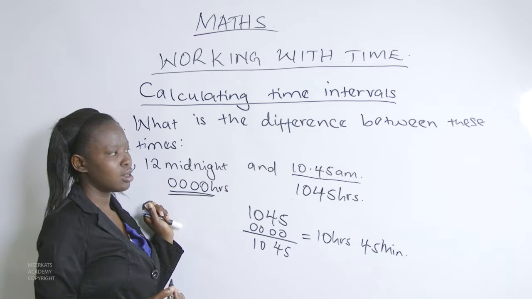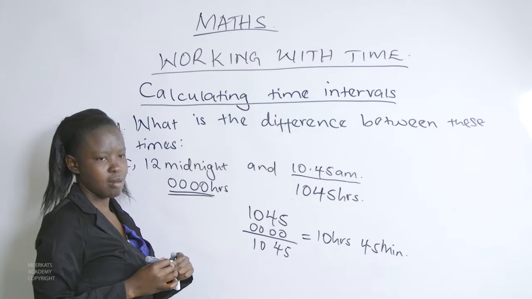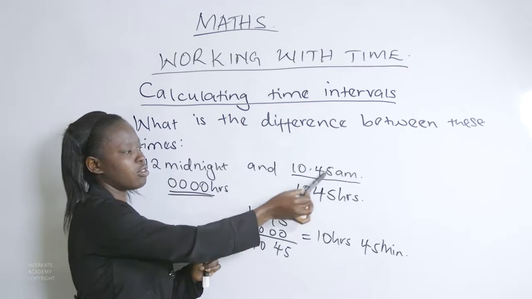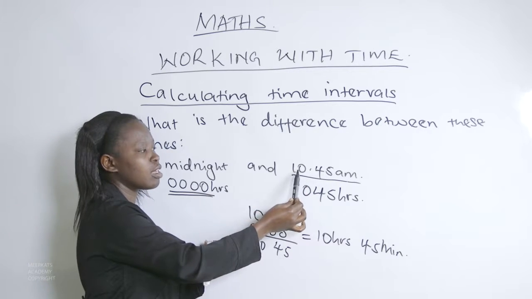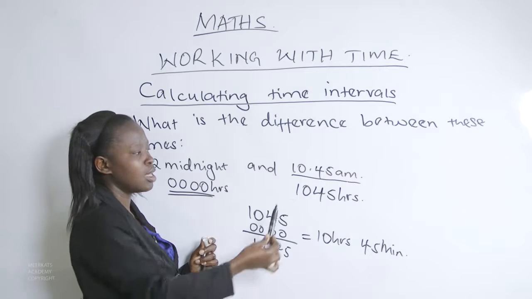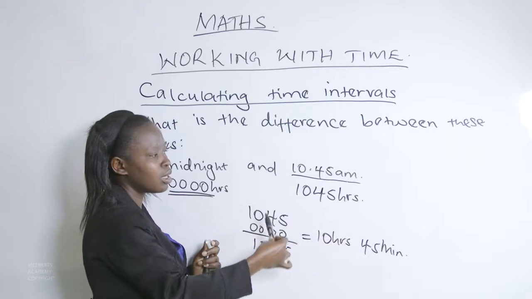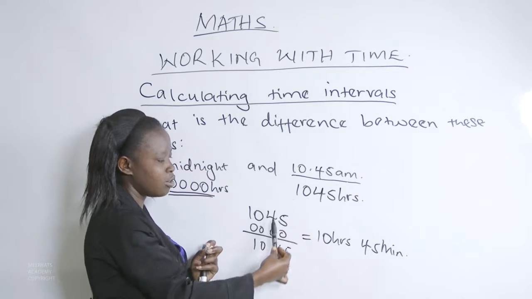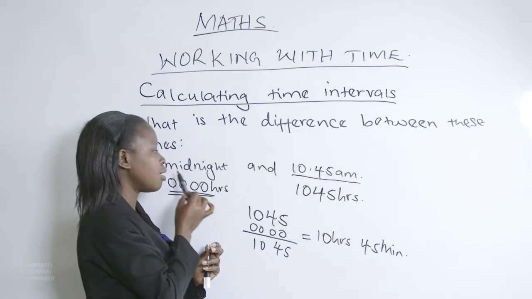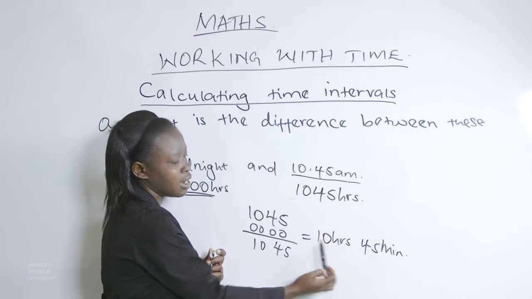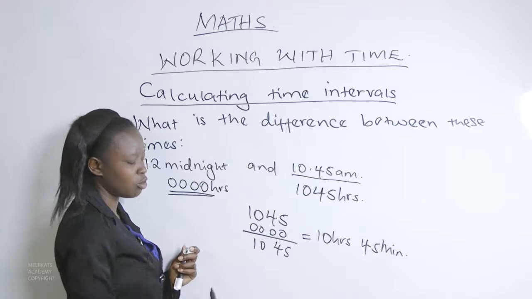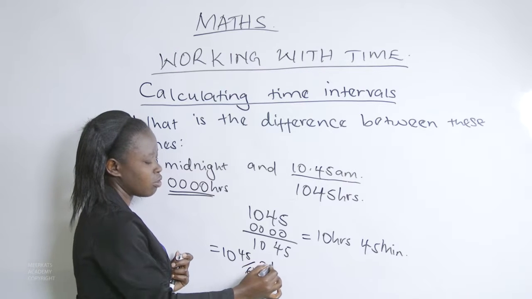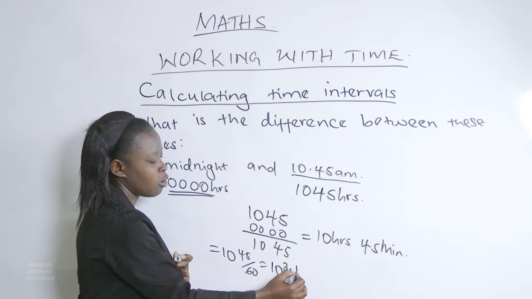This is the difference between 12 midnight and 10:45 a.m. This is simply 10 hours, 45 minutes past midnight, and that is why the difference remains the same, because from the time the day started, this person has moved from midnight until 10:45 a.m. If I convert that to hours, I have 10 hours and 45 out of 60, which gives us 10 and 3/4 hours.